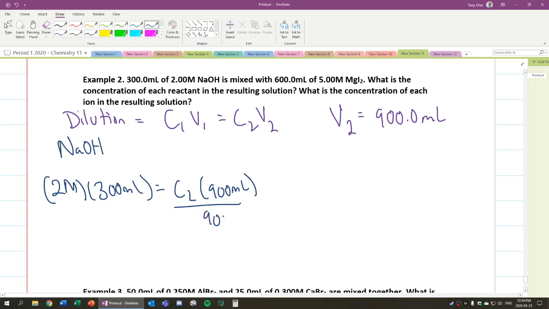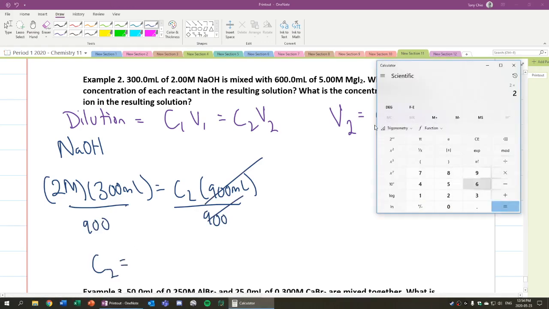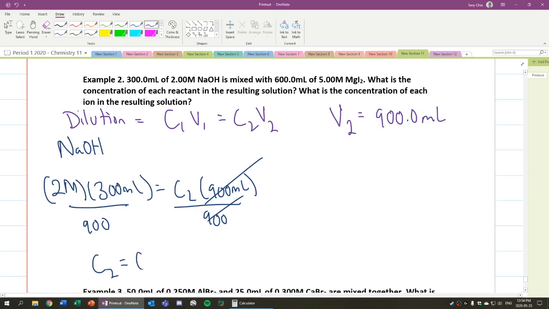Divide both sides by 900, and you get C2 equals 2 times 300 divided by 900, which is 0.667 repeating, so 0.667 molarity.